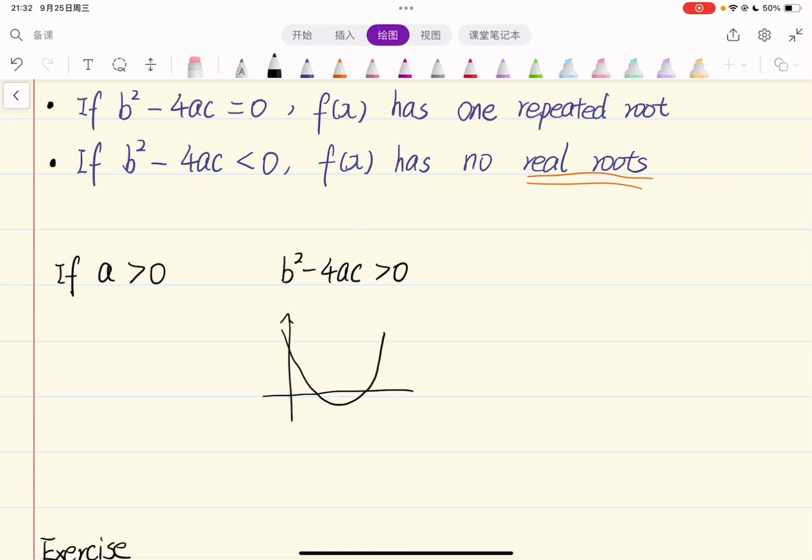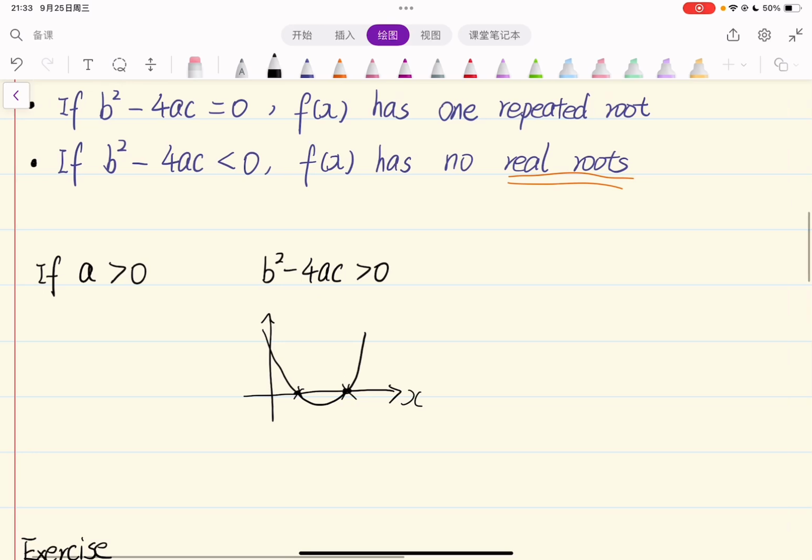Remember that the points where the curve crosses the x-axis are the roots. So we have two roots, which means the curve crosses the x-axis at 2 points. For b squared minus 4ac equals 0, you have one repeated root, which means the curve only touches the x-axis at 1 point, only 1 point.